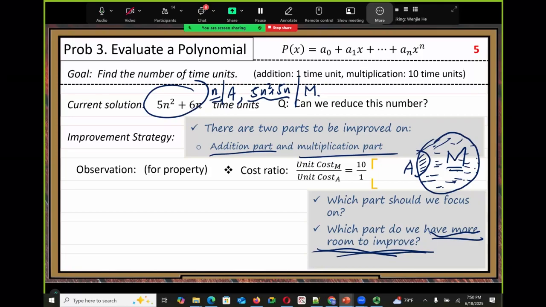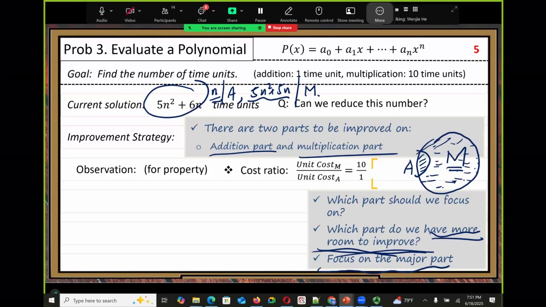So here there is a strategy, another strategy people use in real world problem solving. That strategy is to focus on the major part, because the multiplication part is the major part. The percentage of the multiplication in the overall execution time is much larger than the percentage of the addition part.